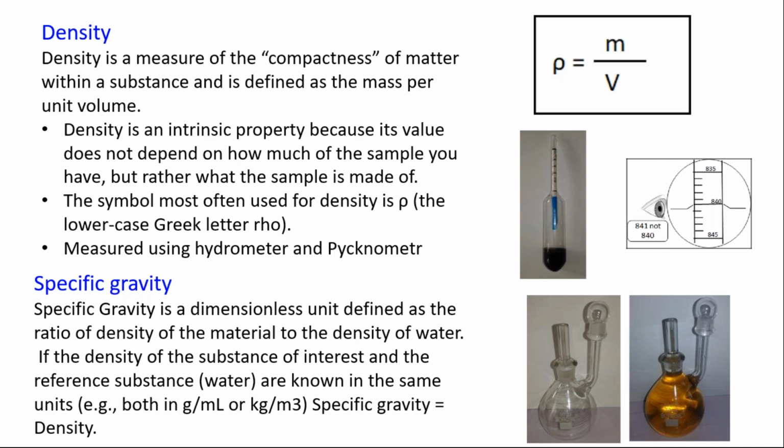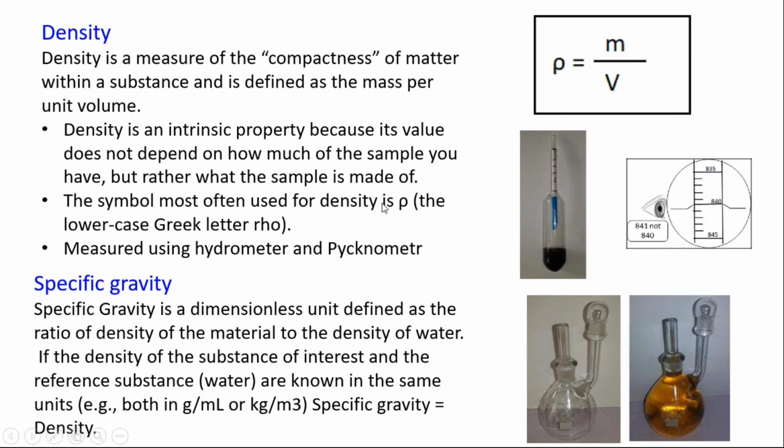So the symbol for density is given by the Greek letter rho. So rho is equal to mass by volume. You can measure density by using the balance and by using a measuring cylinder or any volumetric thing to get the density, where rho is equal to mass by volume.